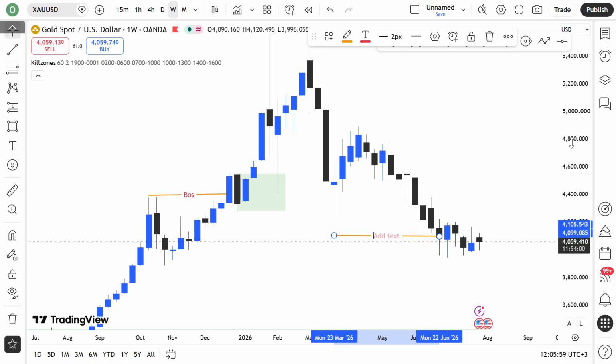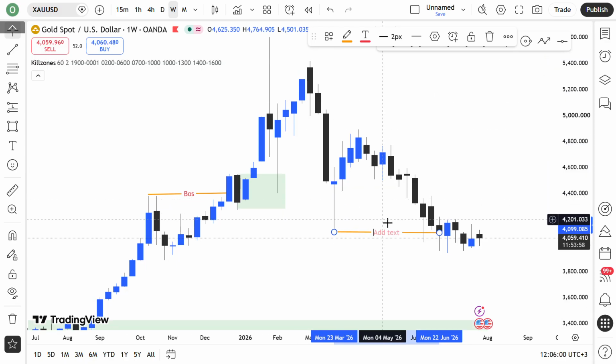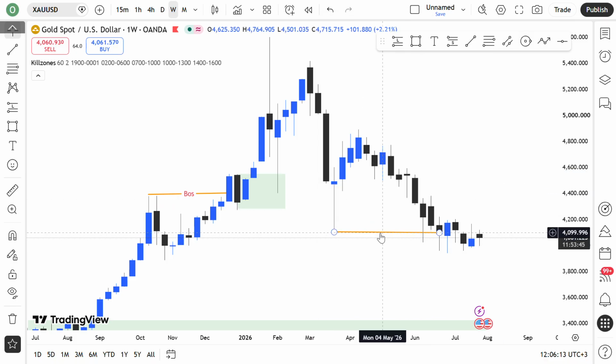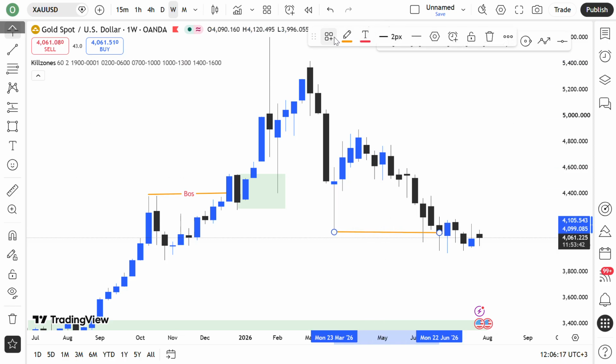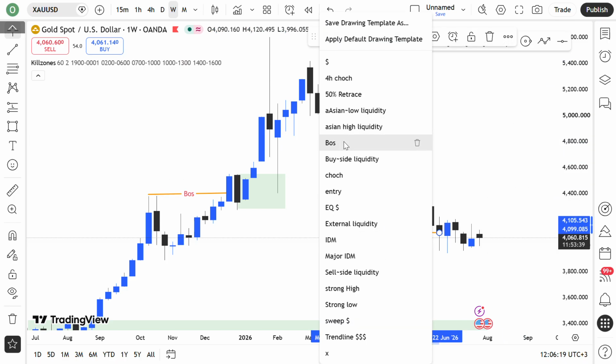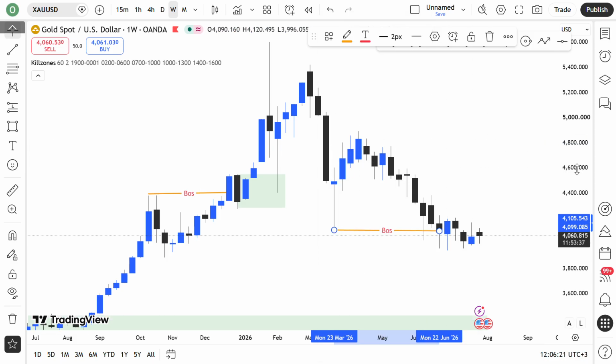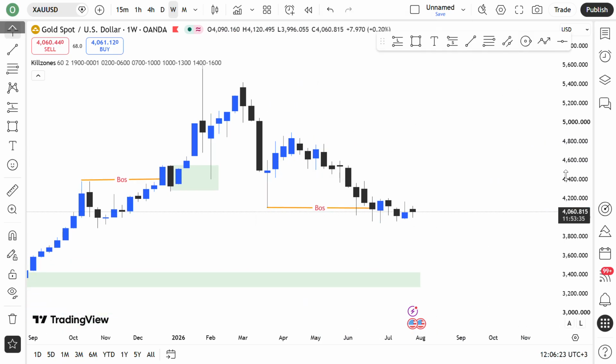And I've said that whenever you see a break of structure, at the back of our mind we know that we have a clear continuation of a trend, whether we are trading in a downtrend or in an uptrend. So whenever we see a break of structure, it signifies trend continuation.